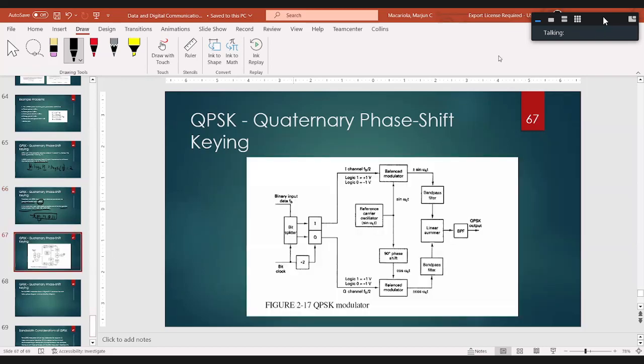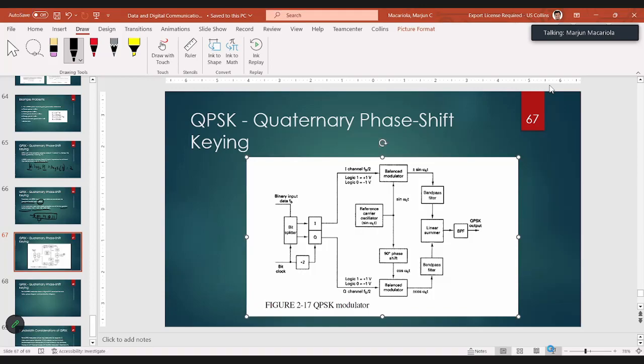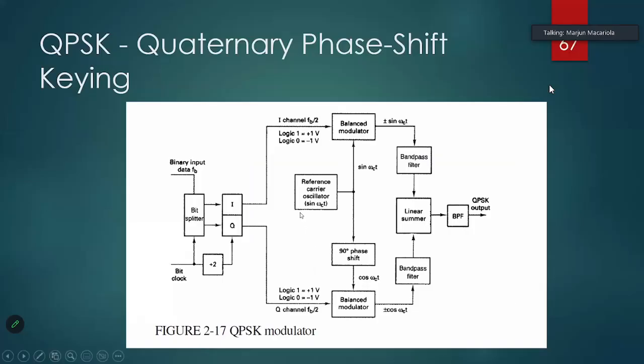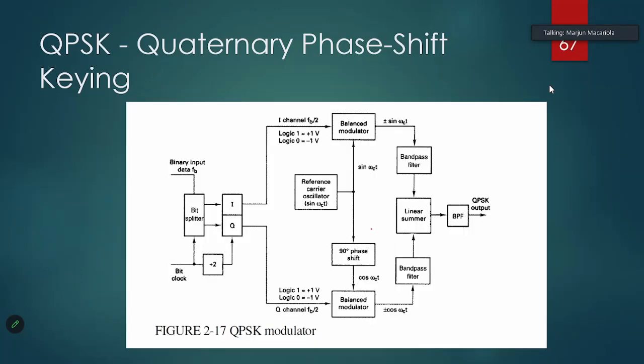Ito. So here, this QPSK modulator ay kailangan nyo matutunan kung paano basahin. Ano ba namang ingay ng mga bata? Yan ako, full screen ko. Nakikita po? Yes po. Okay.